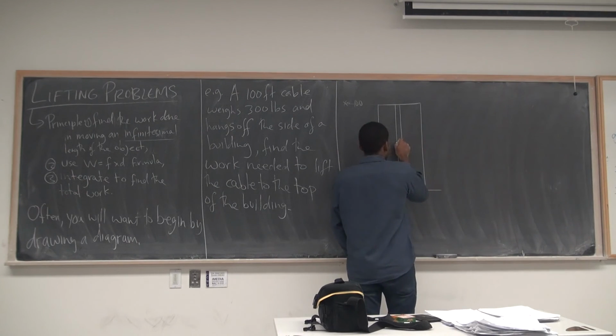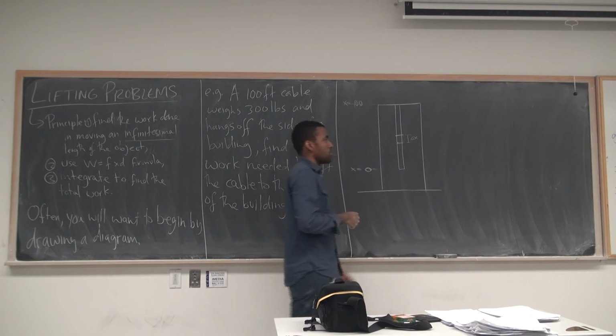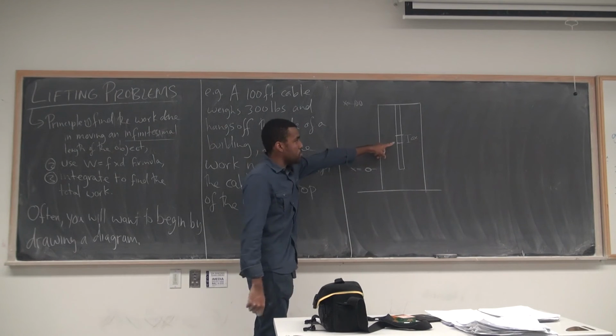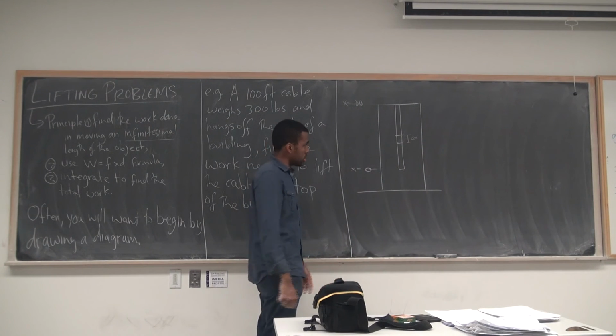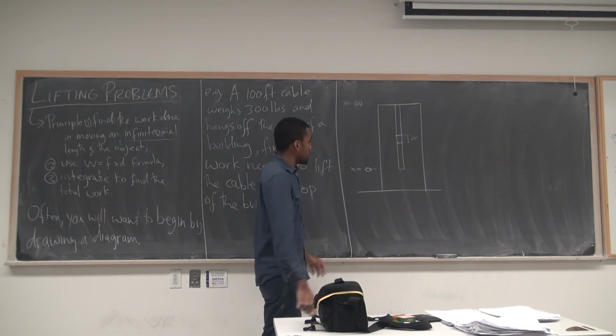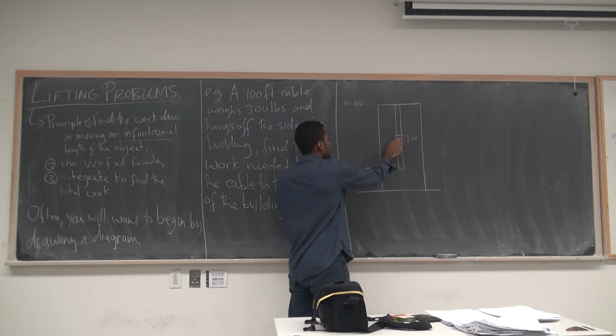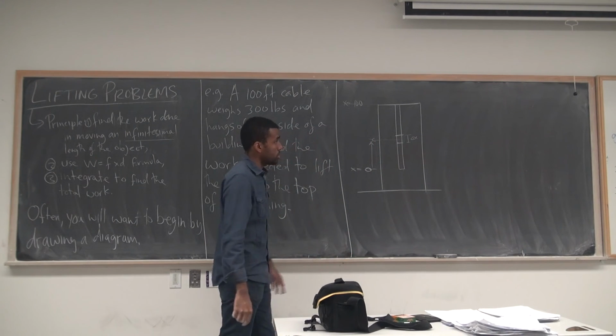So I'm going to cut a piece of this rope of length delta x, and figure out what it's going to take to move that piece to the top. Let's consider this being at location x on my rope, so x is the distance to get to that location.